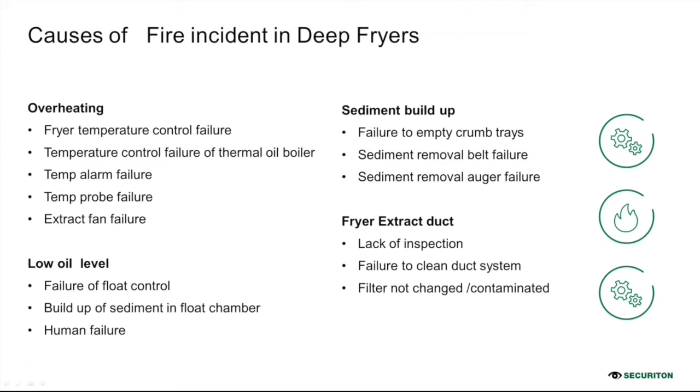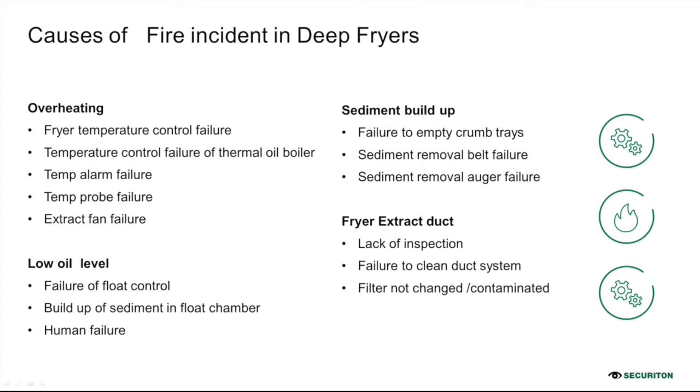It can also be a temperature control failure of the thermal oil boiler itself, and temperature alarm failure, so it doesn't sound the alarm on time, and temperature probe failure. There's a probe inside it. Most systems come with probes in various parts of the operation, and one probe malfunctioning can lead to another malfunction and lead to a fire.